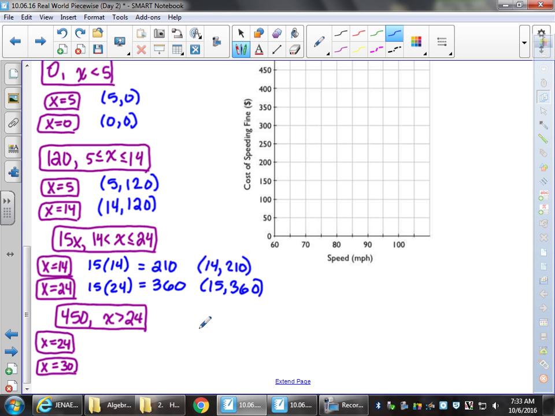Okay. And my last constant piece here, when X is 24, what will Y always be? 450. And when X is 30, what is Y again? 450. Constant function. Okay.